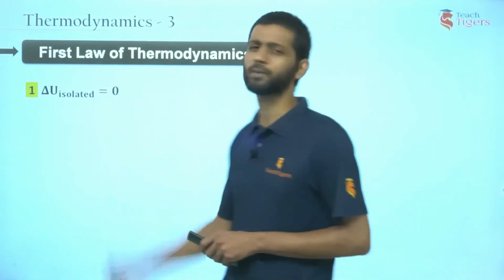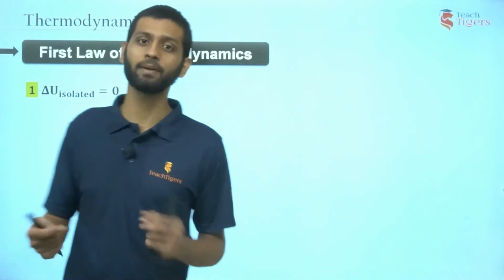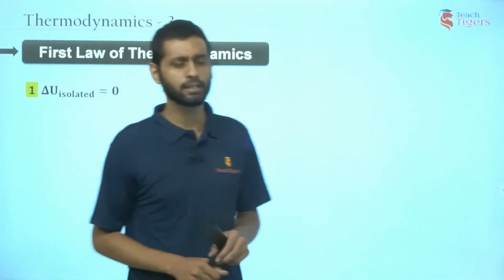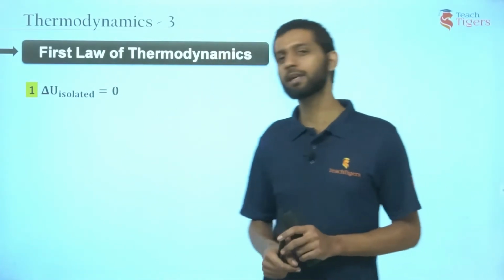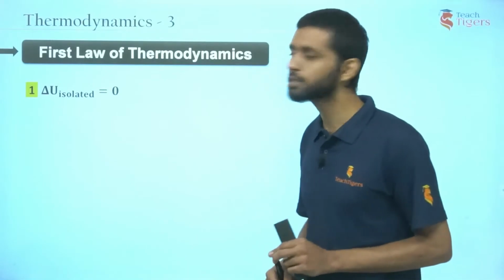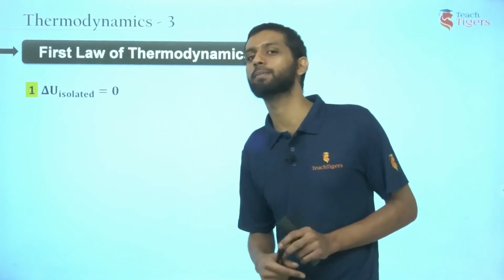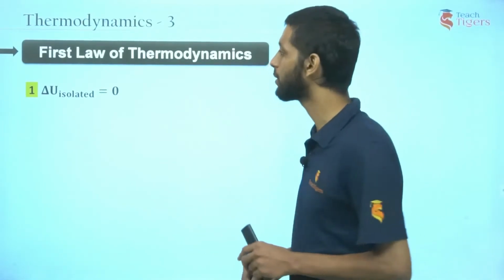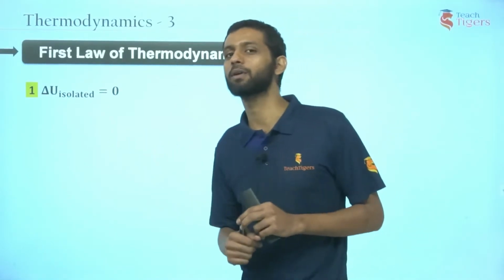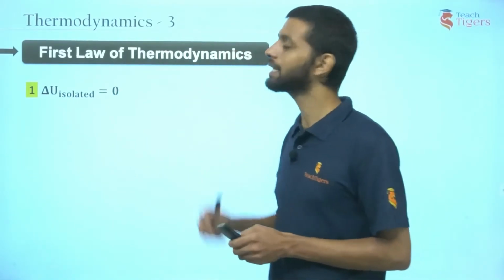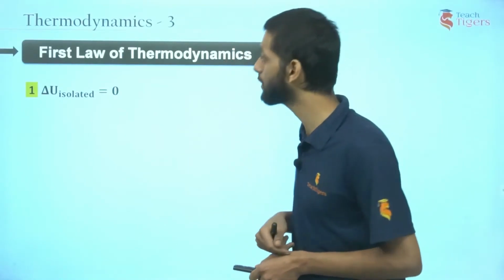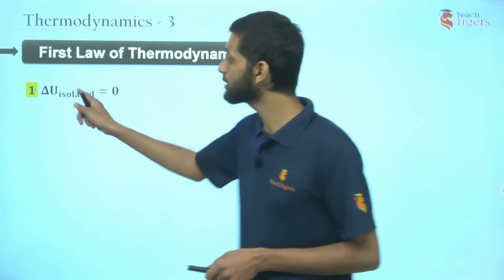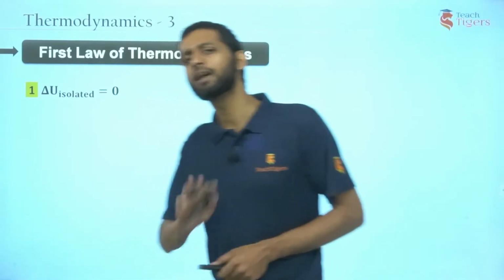It's very intuitive as well. If you have an isolated system, it's not going to change. If you think about it, if you isolate yourself, you're not going to change much. If you don't interact with people, if you don't read things, if you don't interact with the world around you, you're going to stay the same. Your growth is going to stop there. So interaction is very important. For an isolated system, internal energy does not change.